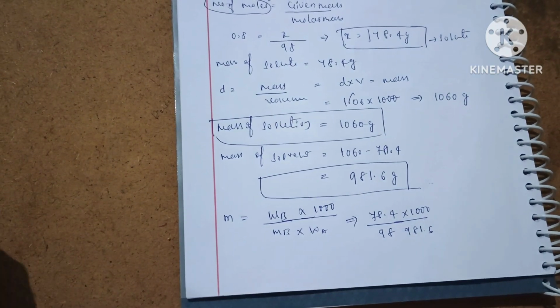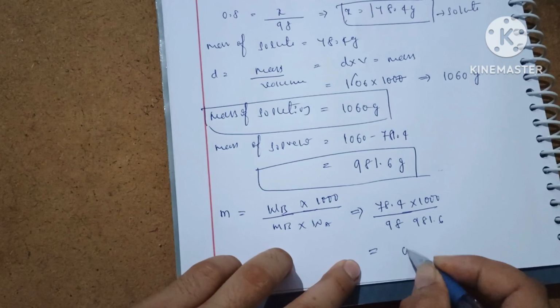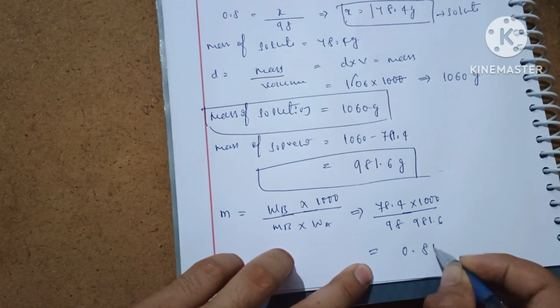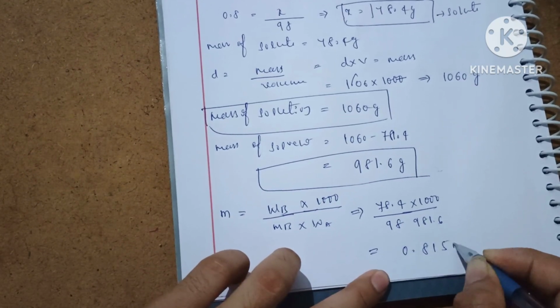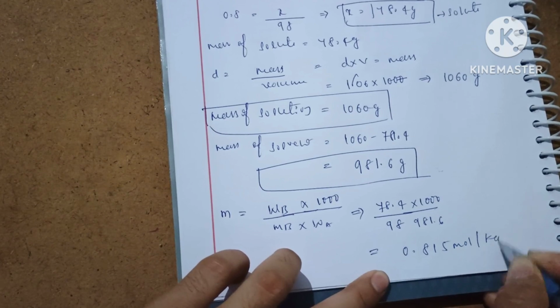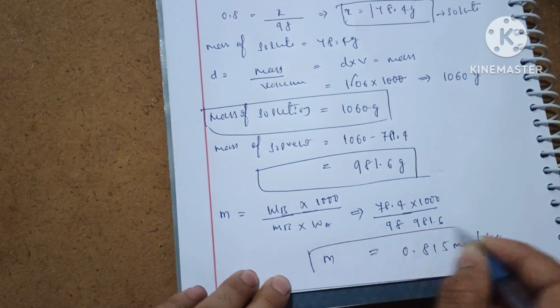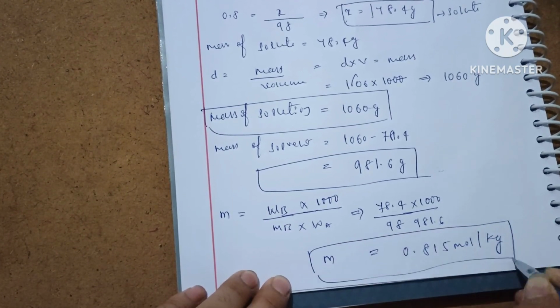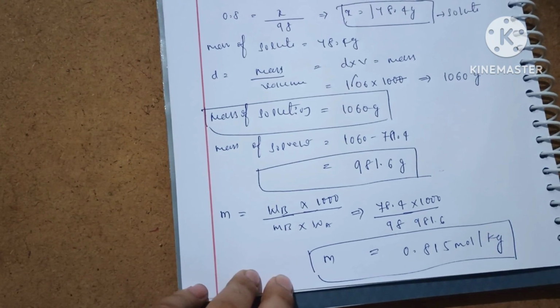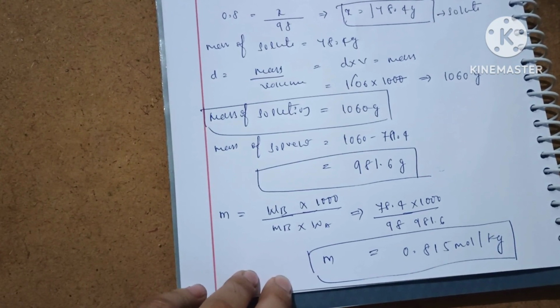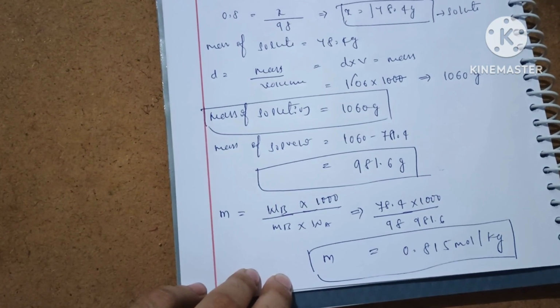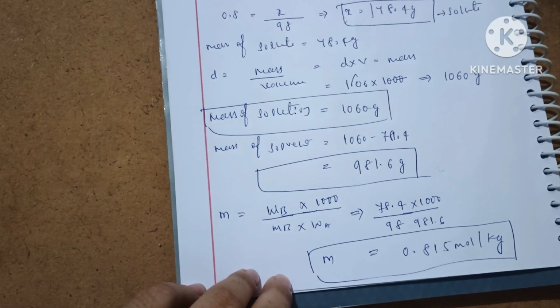After solving this, the answer becomes 0.815 mole per kg. Therefore, the molality of the solute is 0.815 mole per kg. So this is the molality of sulfuric acid. Okay, this is today's class.